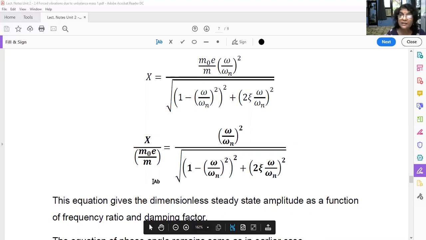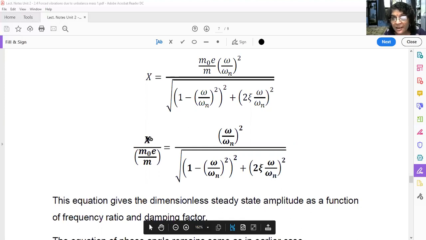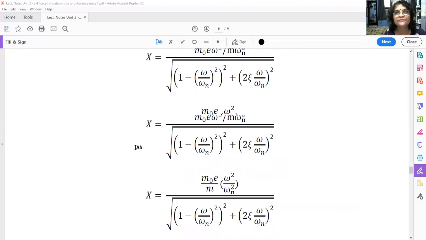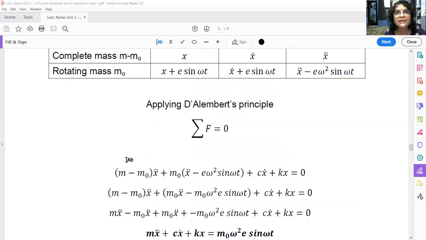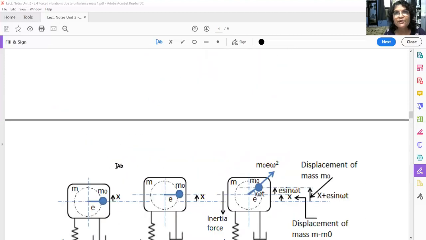Okay. In forced vibration due to external excitation, what was your equation? Do you remember? In the forced vibration due to external excitation, what was this equation? Capital X upon capital X0 is equal to 1 upon, see here, in the recap I have mentioned. We'll go upward and we'll see the recap. That is nothing but your magnification factor.